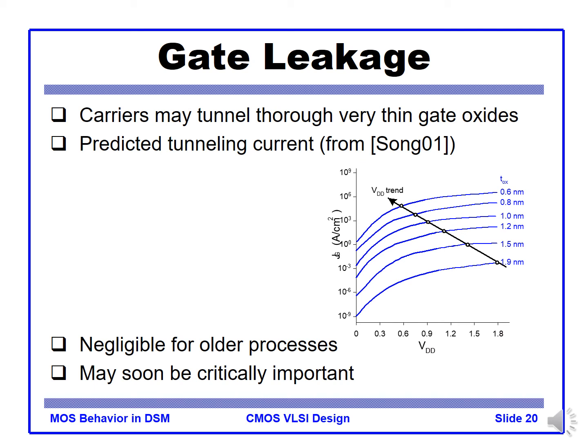For the gate leakage, carriers may tunnel through the very thin gate oxide. So we can predict the tunneling current as the oxide thickness is narrower and narrower, and also as we narrow down the oxide thickness, the supply voltage will go down, right?